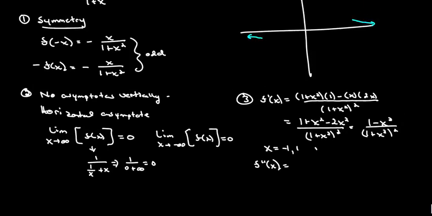To see where the function is increasing versus decreasing, when it's headed up and when it's headed down, we'll look at the intervals. So we've got negative infinity to -1, then we'll look at -1 to 1, and then we'll also look at 1 to infinity.